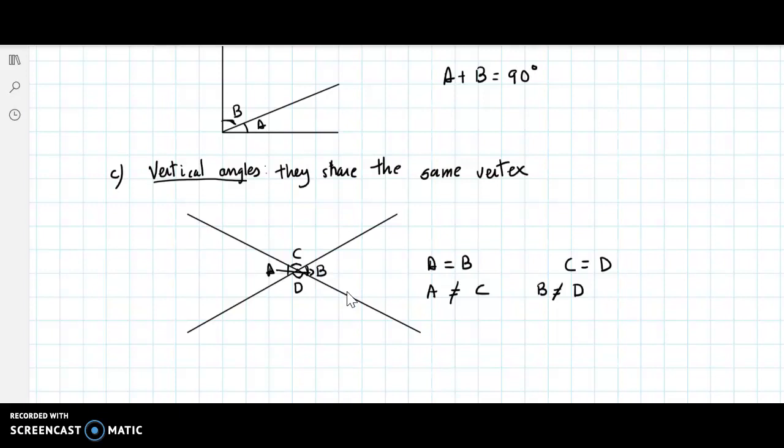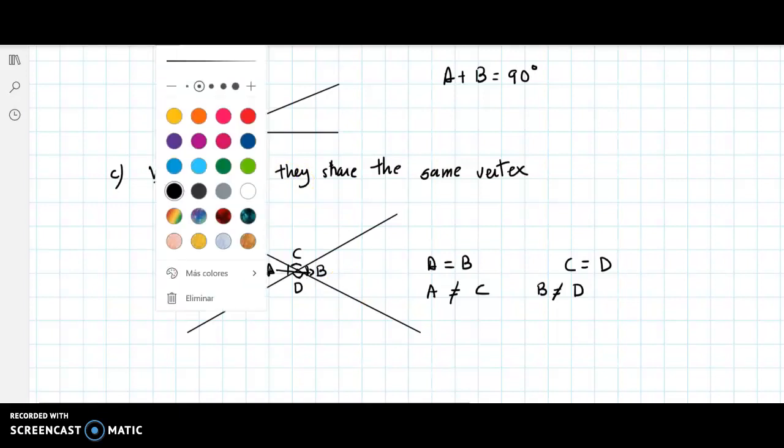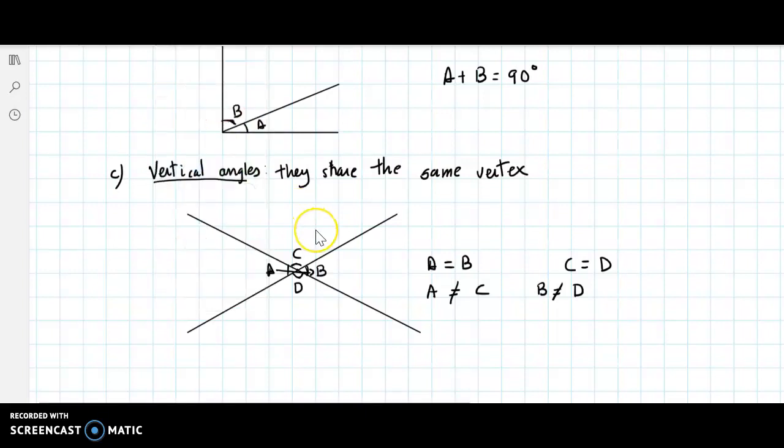You can observe that C and B, okay, let me try to highlight this now. For example, C and B are on the same line, this line.